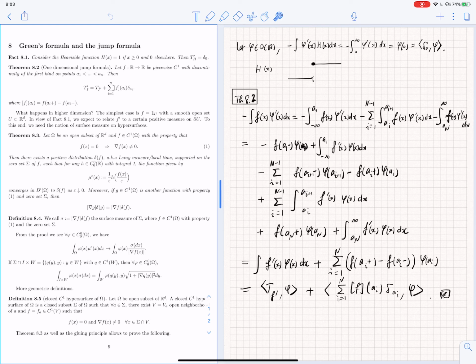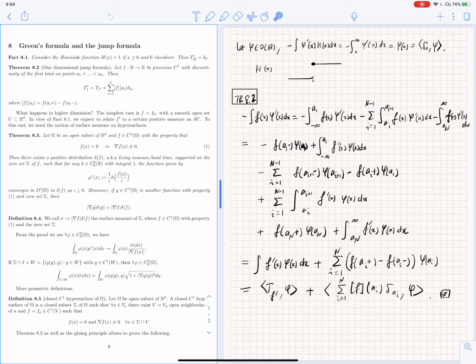Moreover, if we have another function g, which is also C^1 on Omega, with the same kind of property that we have in equation 1, meaning that the gradient of g does not vanish on the zero set of g, exactly this property for g.